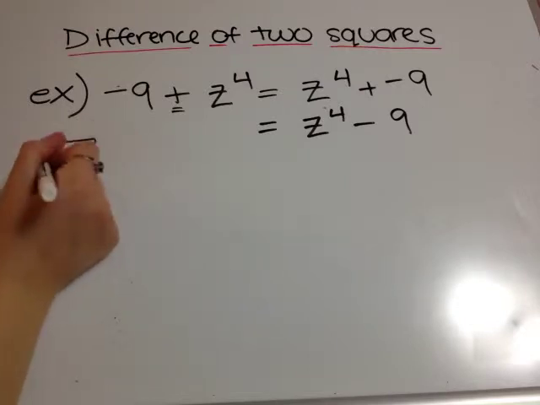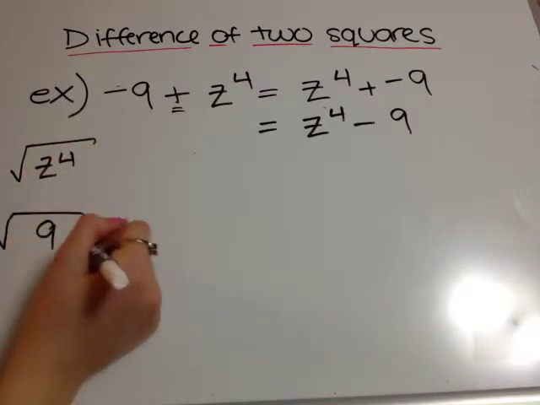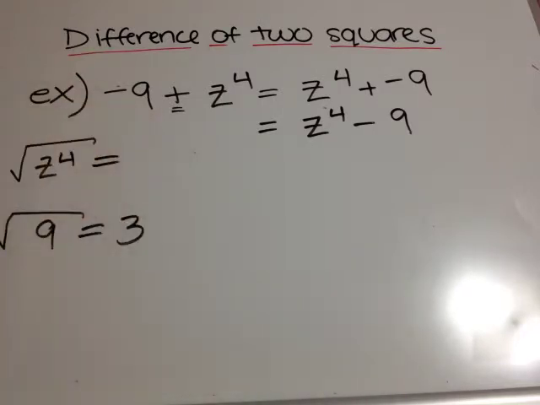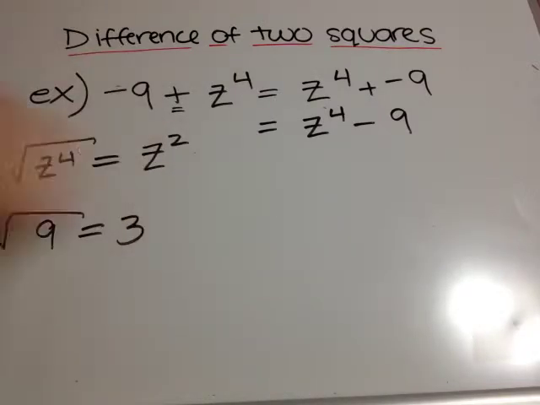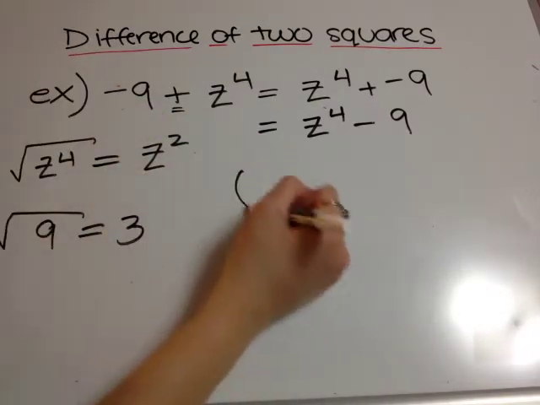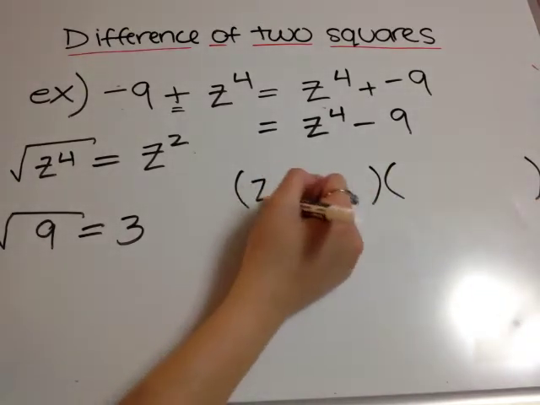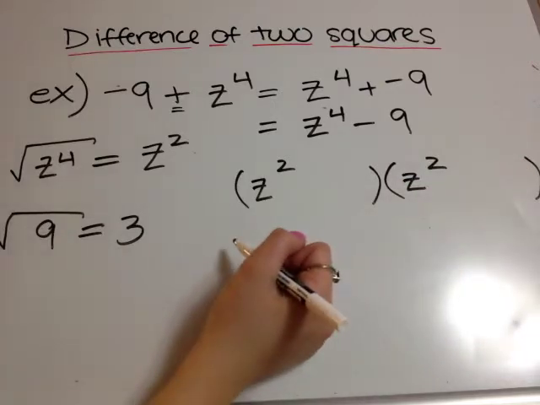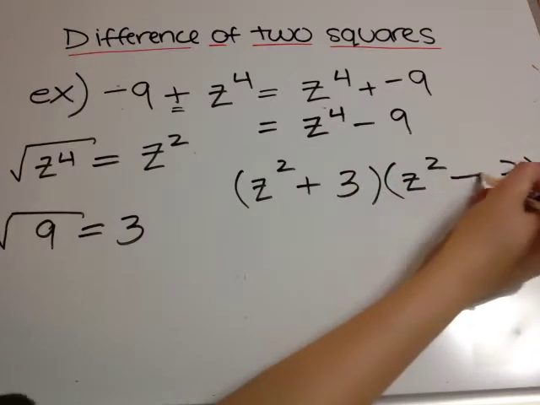Let's take the square root of z to the fourth, and let's take the square root of 9. We know that the square root of 9 is equal to 3. The square root of z to the fourth, again, just like we did before, is z squared. Okay, good. Now we have our two terms, so we have our double parentheses, and we're going to put our z squared in the first, and then we're going to add our 3's, and we're going to do plus, minus.